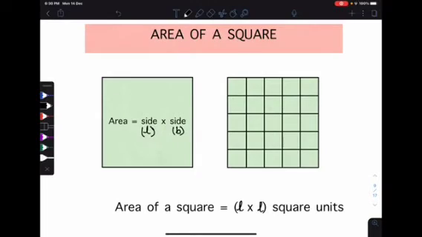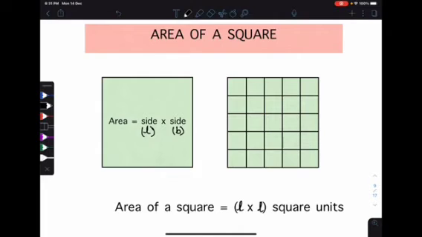Now, moving on to the next concept, we'll try to find out the area of a square. Children, if you recall, a square is a plane figure which has all the four sides equal. Unlike a rectangle, which has just two opposite sides equal, a square has all the four sides equal.